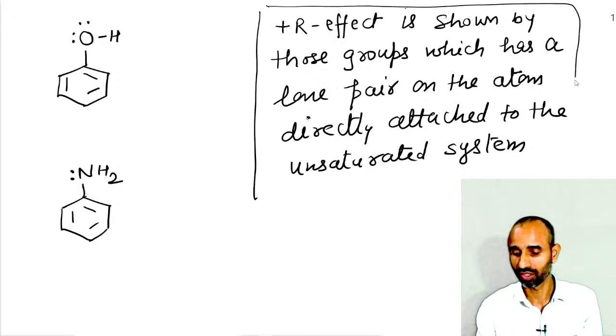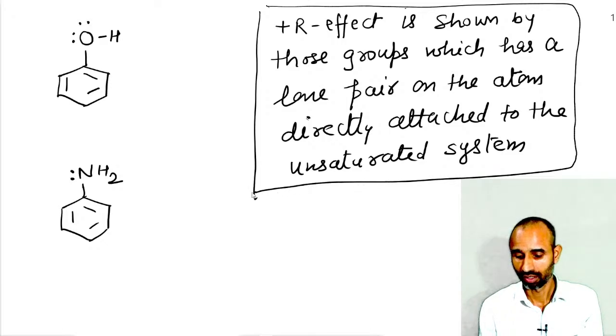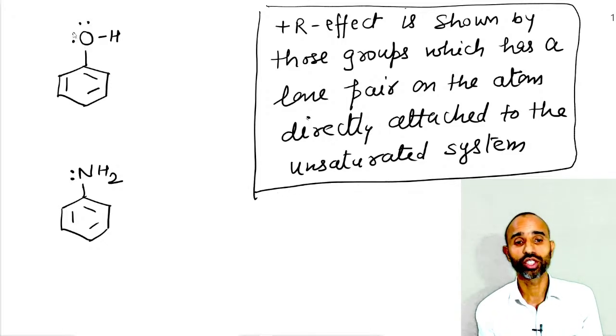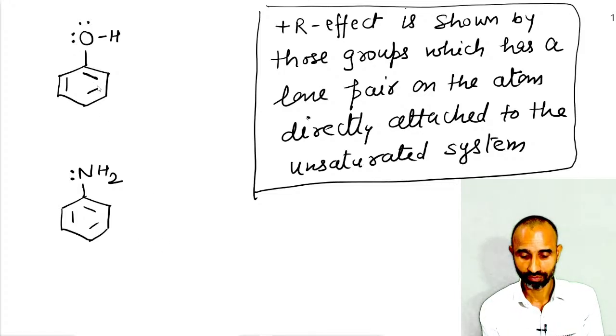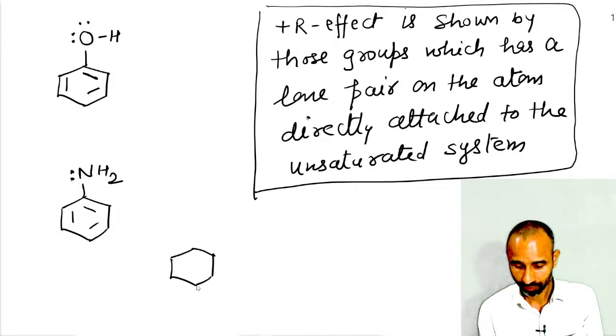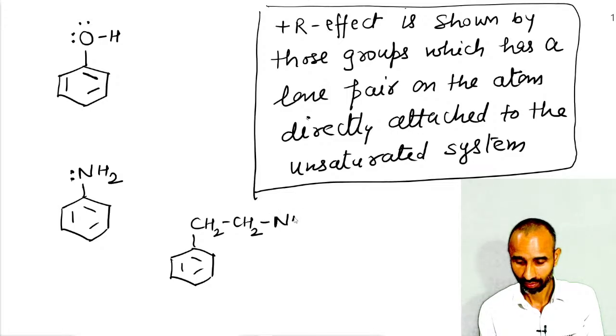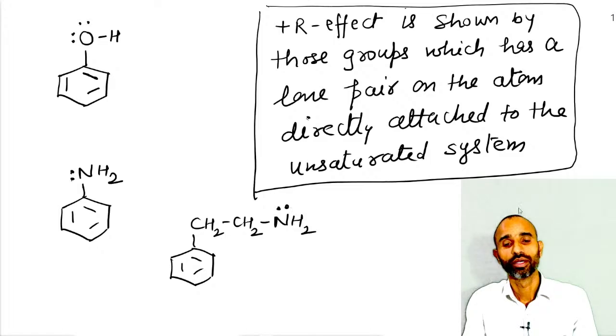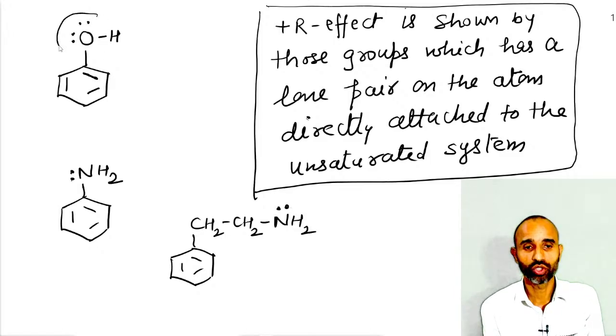What it means, like see, in OH there is a lone pair in conjugation with the unsaturated system. But if it is like this, tell me, will this OH show plus R effect?